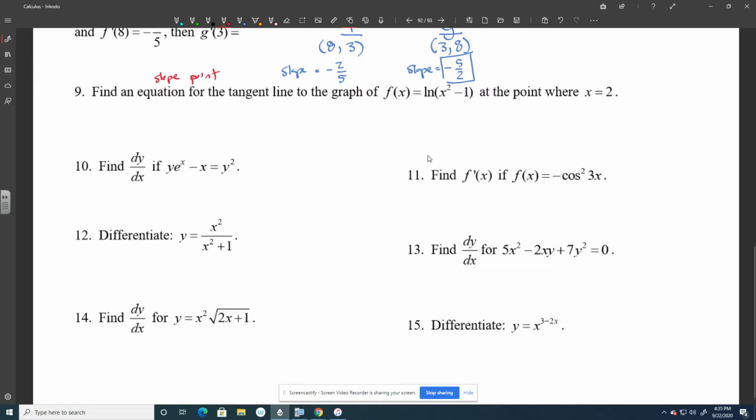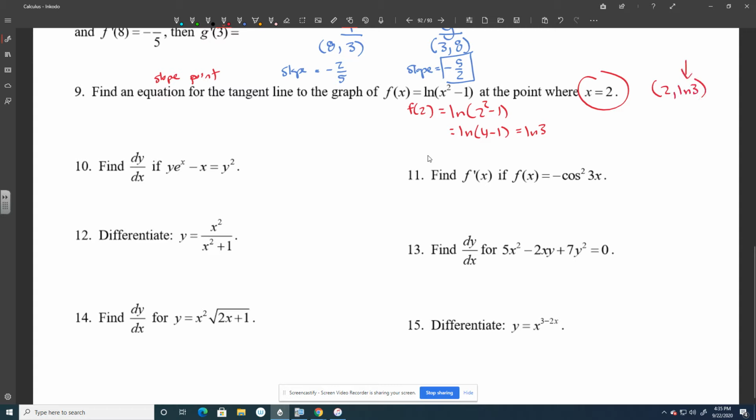And it gives me an x value, but I don't have my y value. So let's go ahead and plug the x into my function. Let's find f of 2. That's the natural log of 2 squared minus 1, which equals the natural log of 4 minus 1, which just equals the natural log of 3. So my point that I'm going to use is 2 comma natural log 3.